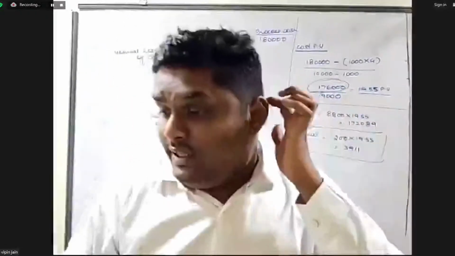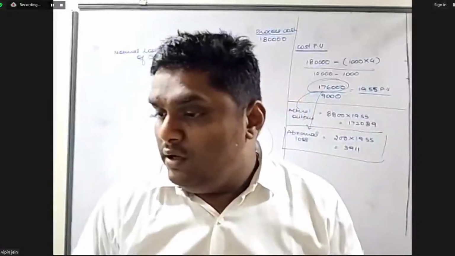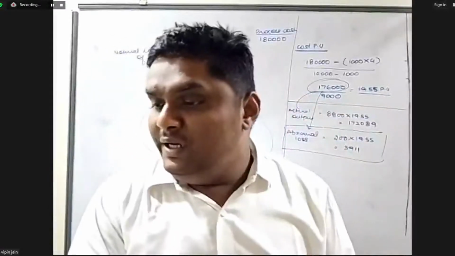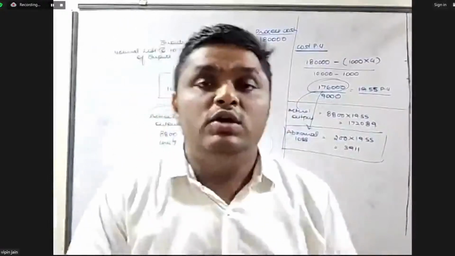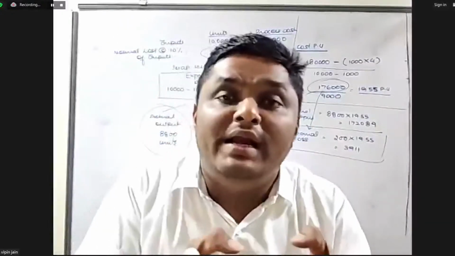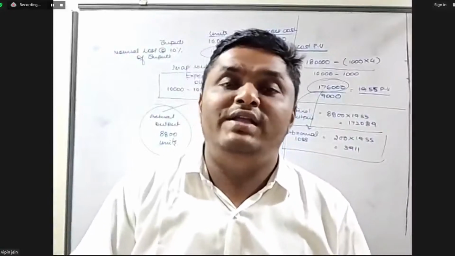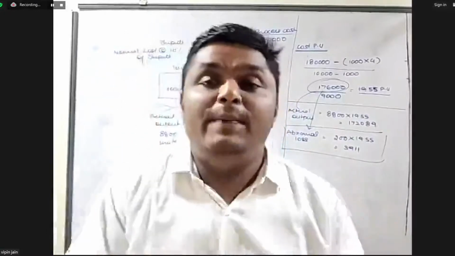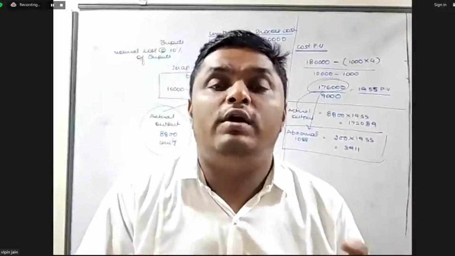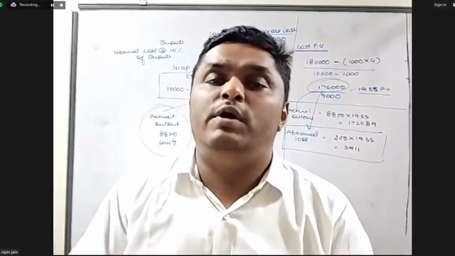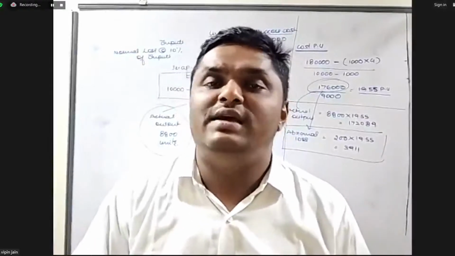There is a query, sir, Anmol Patwa, that the expected output should be taken as 8,800. So this approach is incorrect. If you take 8,800, it means abnormal loss is also contributing towards the product cost inflation, and that approach is incorrect.